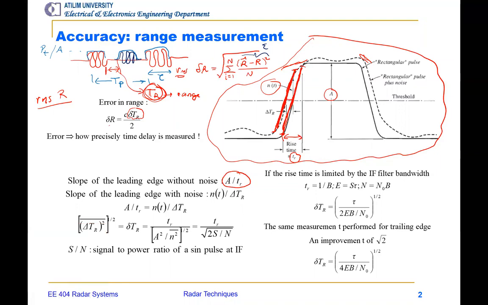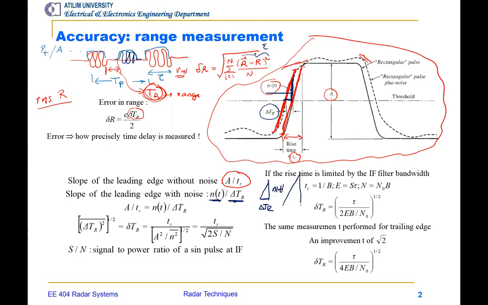Okay, we take again the amplitude and then the time difference, which is delta TR, the error. So it's going to be n of t divided by delta TR. So we simply have two triangles. One is delta TR, n of t.